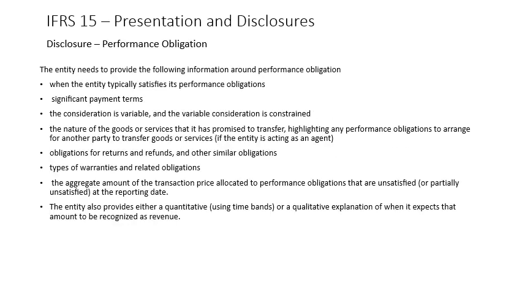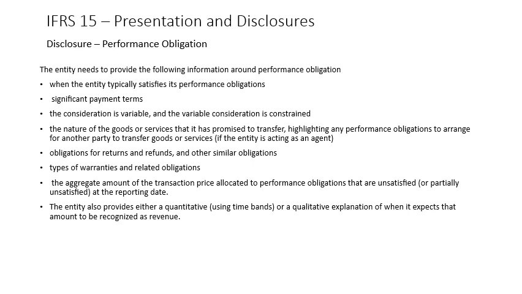Disclosures around performance obligations. An entity provides the following information about its performance obligations. When the entity satisfies its performance obligation, that is, on shipment, on delivery, as services are provided, or on completion of service. Significant payment terms, that is, whether the contract has a significant financing component or not.